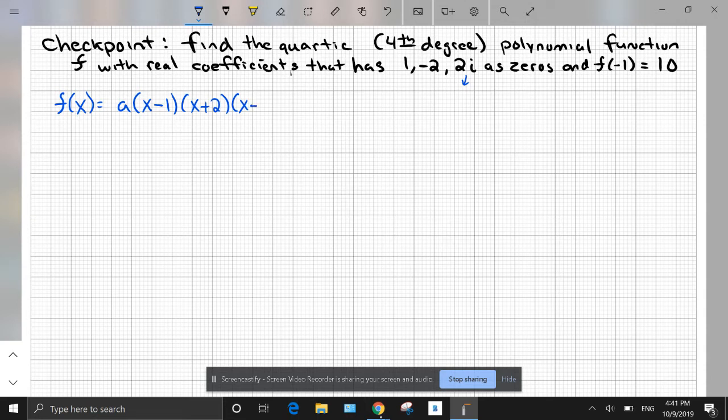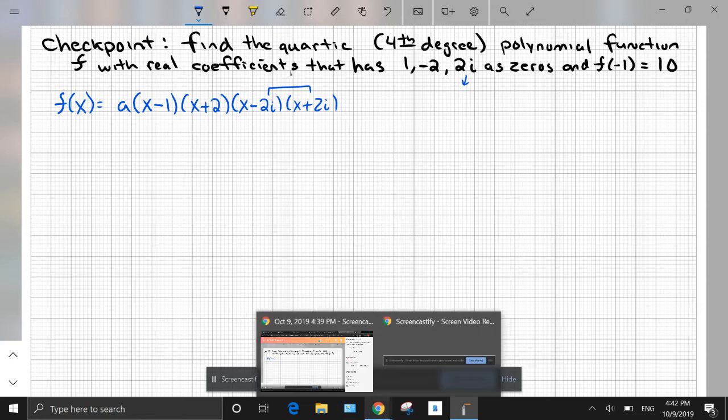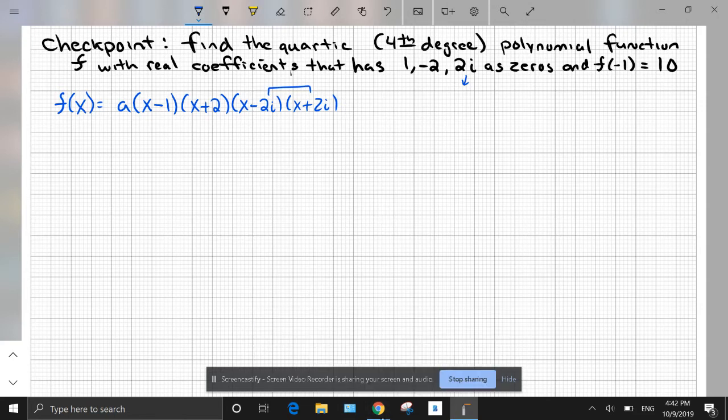So here we have x minus 2i, and then we have x plus 2i. Instantly, we should be able to do the last two factors. Remember that it's just a squared plus b squared since you have the i's. Our a value here is x, so we have x squared. Our b value is 2, so it's going to be plus 4, so 2 squared.